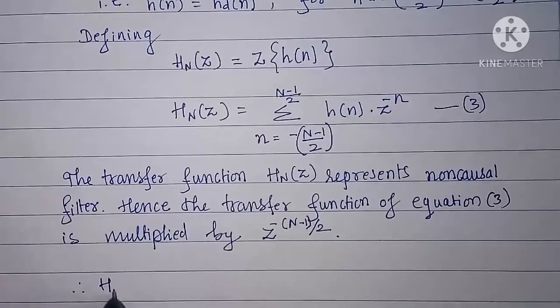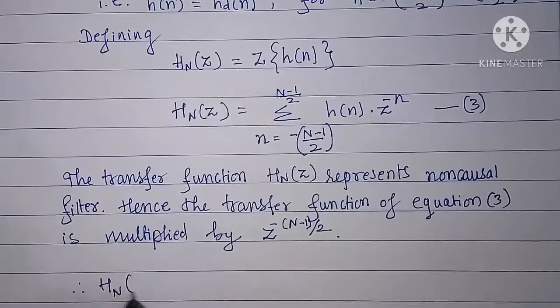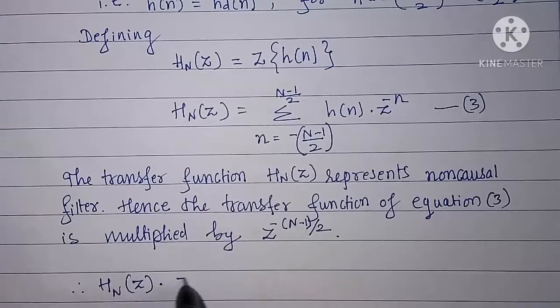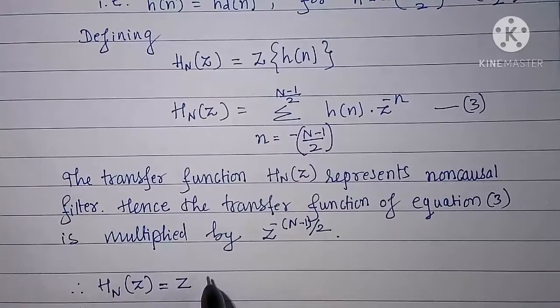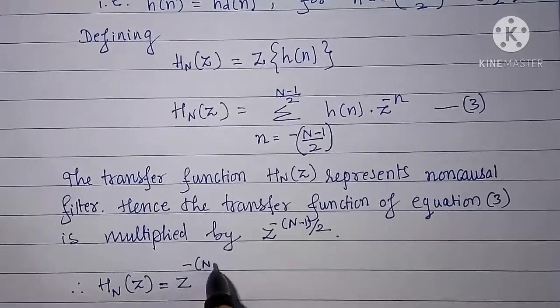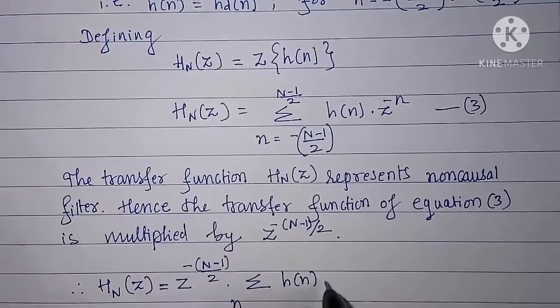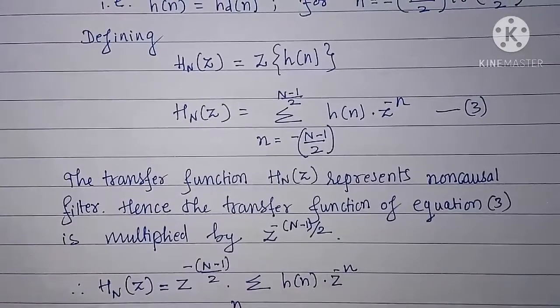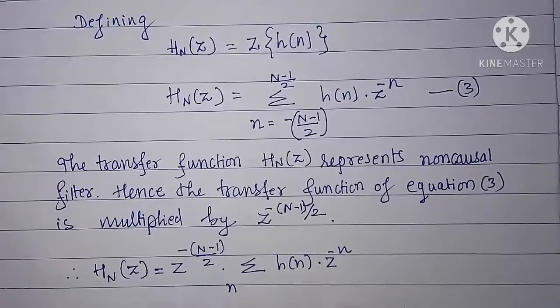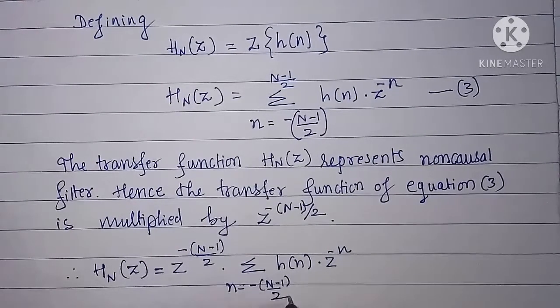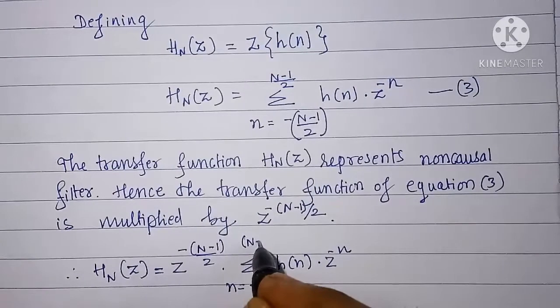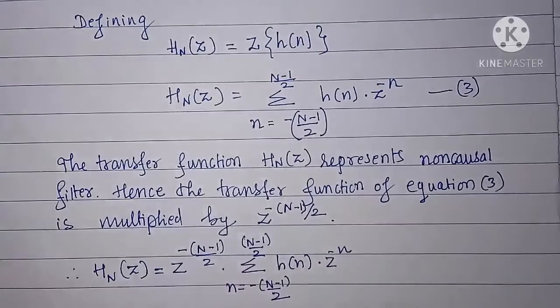Therefore, Hn of z equal to z raised to minus of N minus 1 by 2 into summation of h of n into z raised to minus n from n equal to minus of N minus 1 by 2 to plus of N minus 1 by 2.